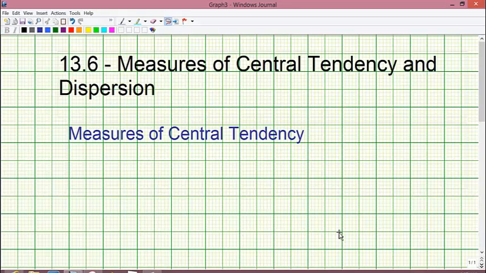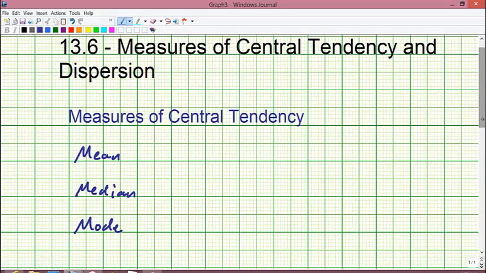So measures of central tendency, there are three: mean, median, and mode. If we can remind ourselves of how these are calculated or what they are, the mean of a set of data is all of the values added up and divided by the number of values.